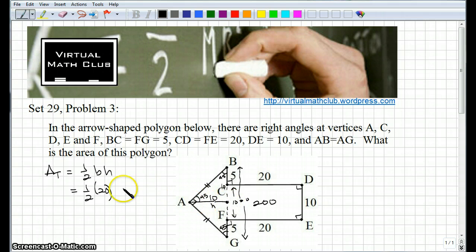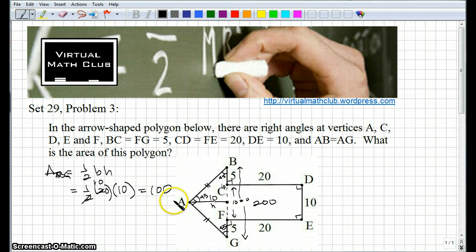So for the whole big triangle, this ABG triangle, maybe I should write that. ABG is the triangle that we're looking at. So the base is 20 and the height is 10. So what do we got there? If we divide that in half, we get an area of 100.